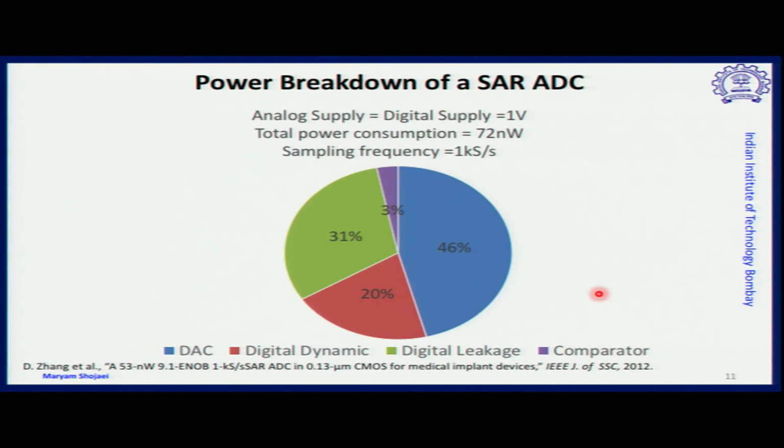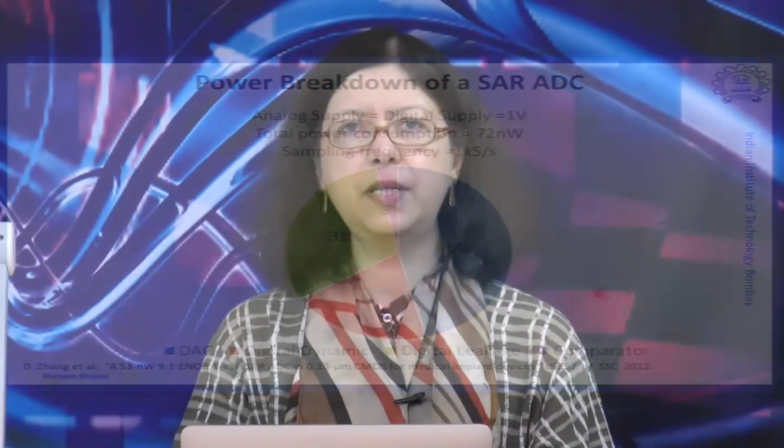Now, how does this switching power, or switching consumed energy, contribute to the total energy consumption of a SAR ADC over the entire set of conversion cycles, when all bits are finally generated at the output?